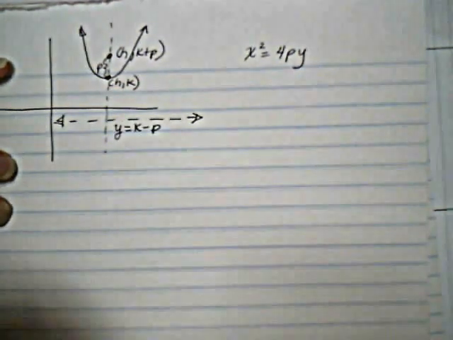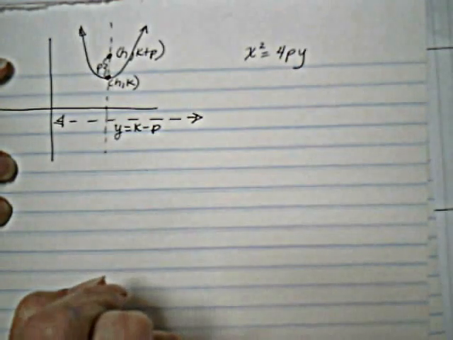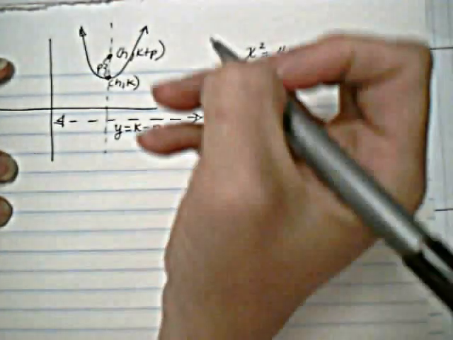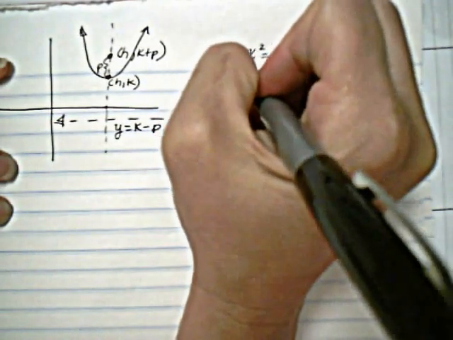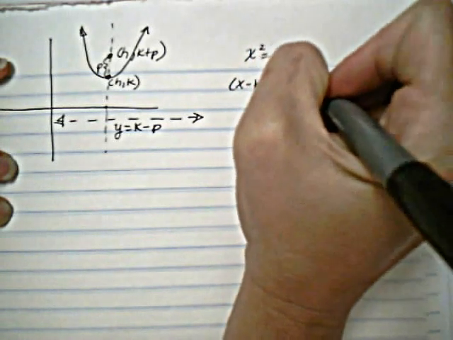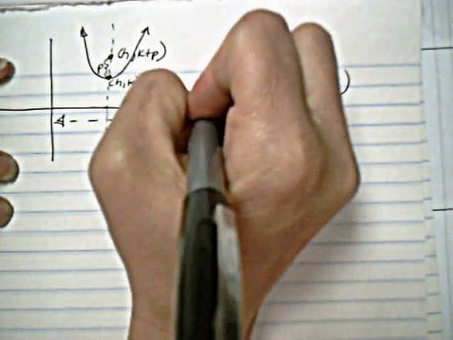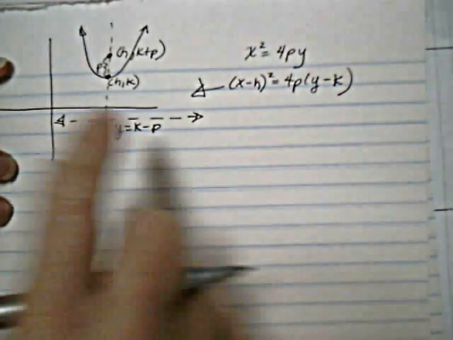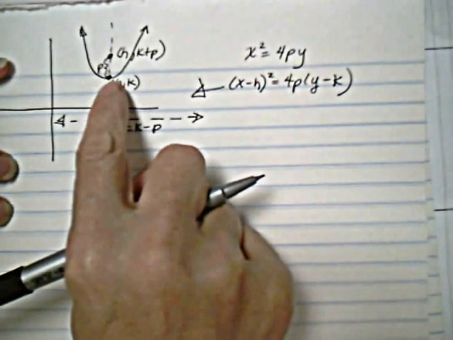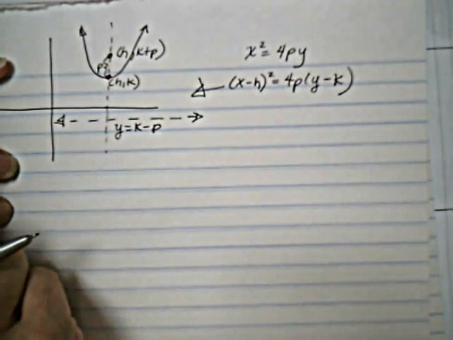This is going to be true for all my conic sections when I start shifting either their center or vertex away from the origin. So this becomes (x minus h) squared equals 4p times (y minus k). This is the equation for this parabola with vertex at (h, k) and a vertical axis of symmetry.